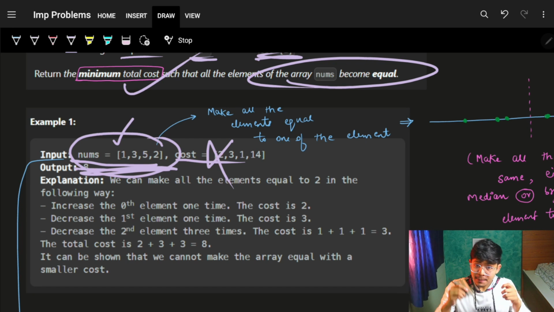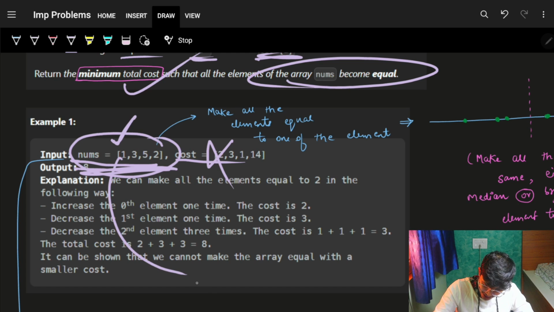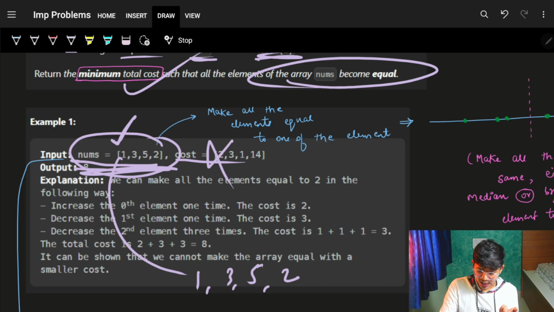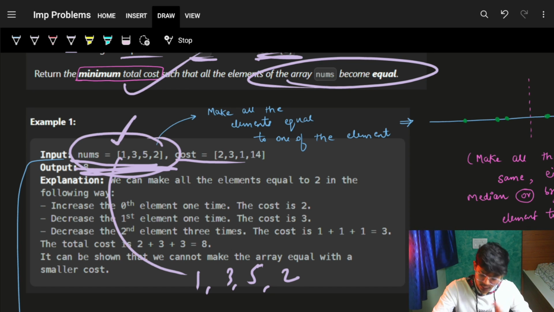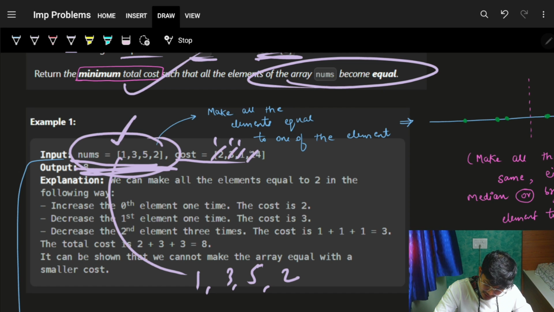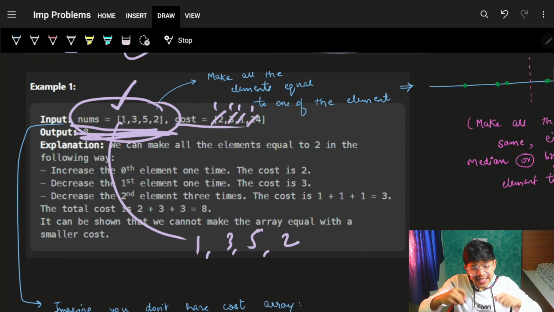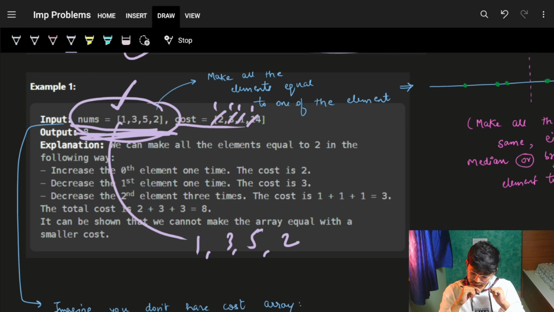Now my task is to make all the array elements of nums equal. I have the array elements as 1, 3, 5 and 2. I can't remove the cost, else the cost will be 0. Let's say make the cost same for everyone. It's 1, 1, 1 and 1. The cost for everyone is the same. It's 1. So I can modify any element and I can make any element equal.